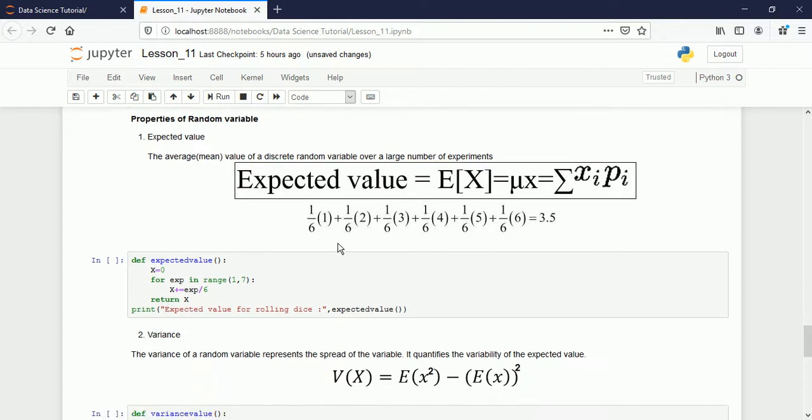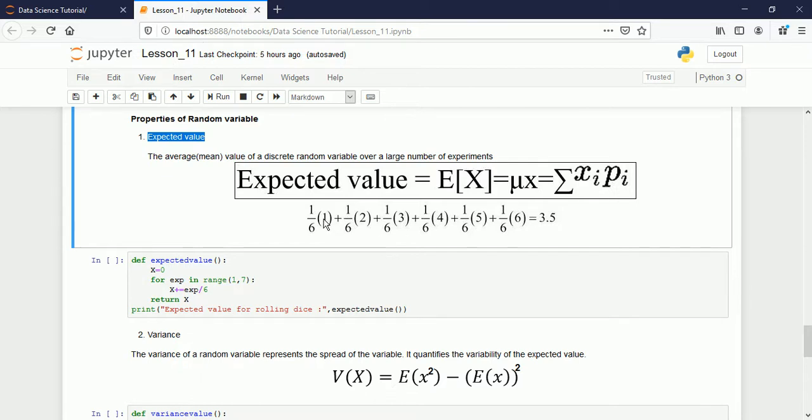Now that is called the expected value. In random variables, the average value is called the expected value. So the average or mean of a discrete random variable over a large number of experiments is called the expected value. Expected value E(X) equals mu, which is the summation of x times its probability.